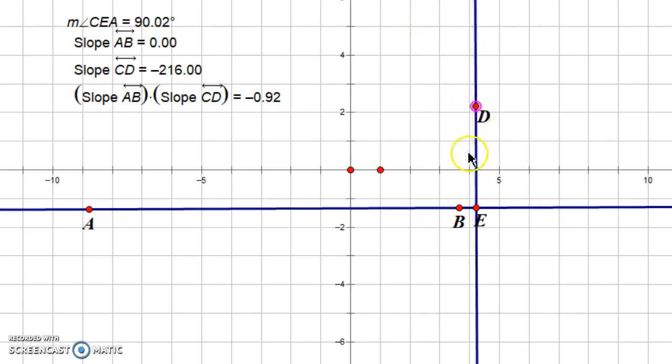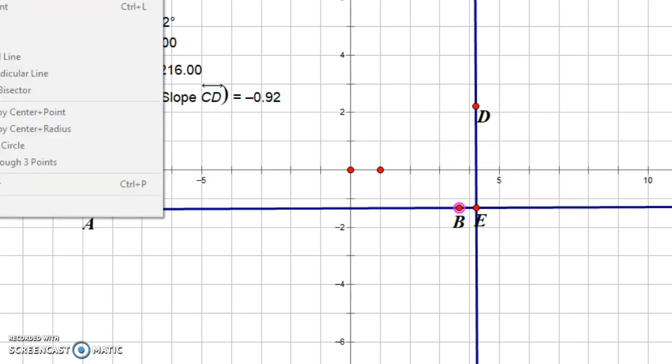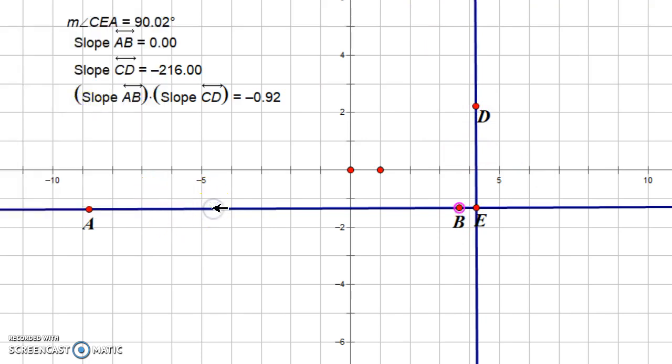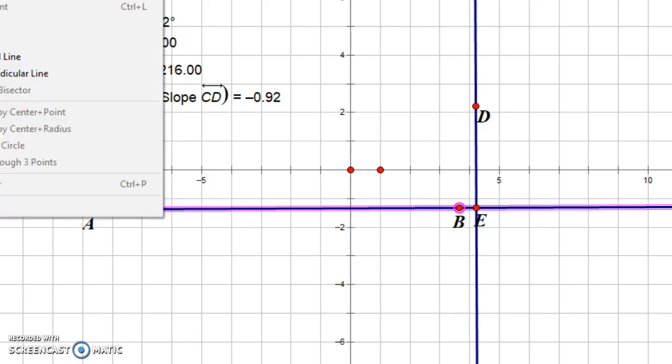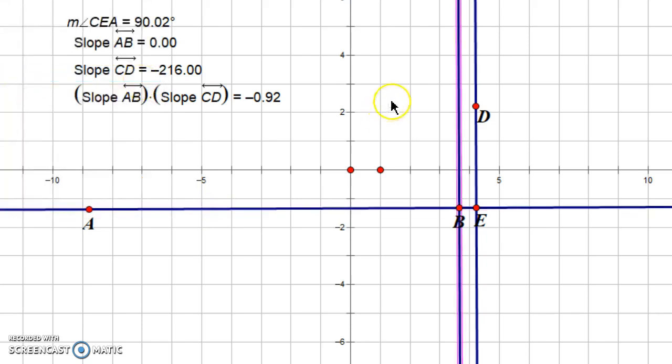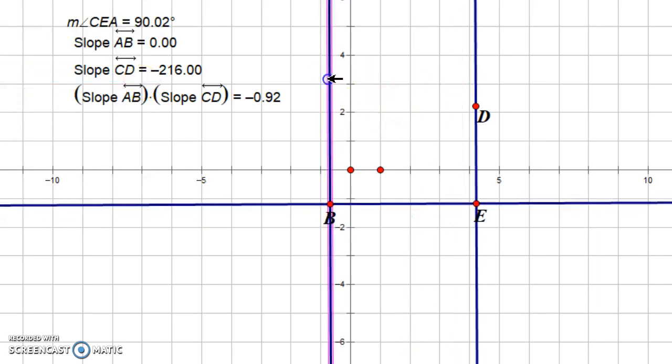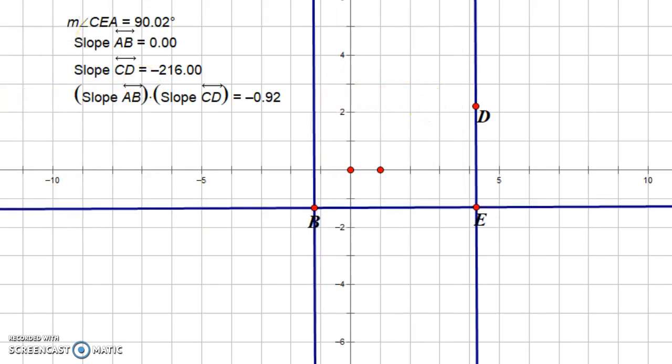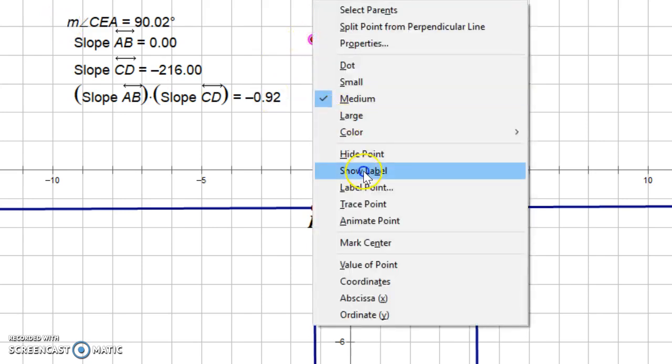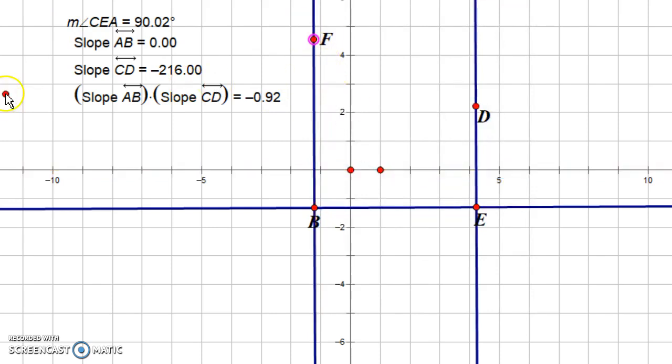I wonder if I could construct something perpendicular. Construct perpendicular line. So here's my perpendicular line. Let me get a point on that line. And I'm going to have it labeled. And I'm going to go ahead and calculate the slope.